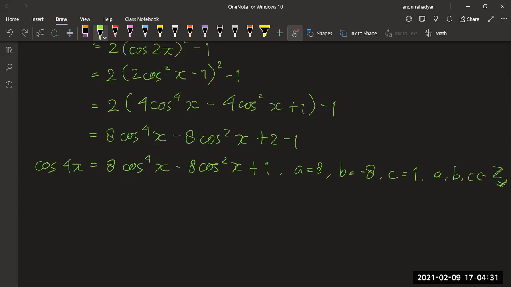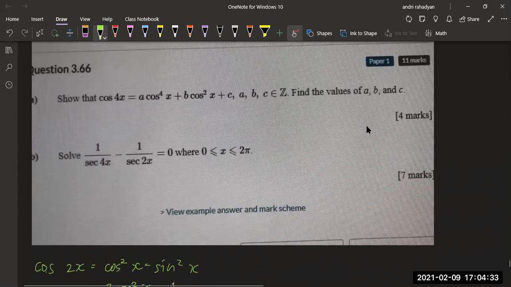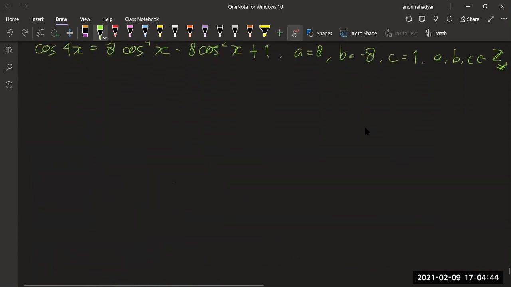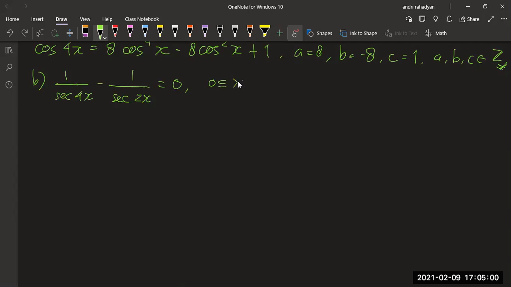Okay. Question B. Solve 1 over secant 4x minus 1 over secant 2x equals 0, x in radians.